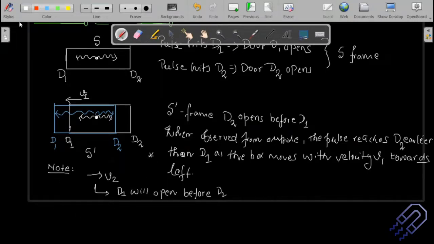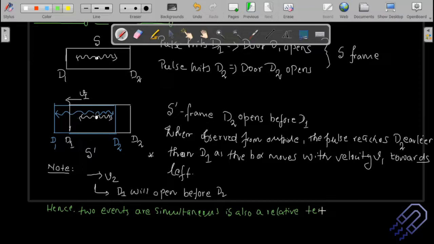What I want to conclude here is that whether two events are simultaneous is also a relative term. It depends from which frame of reference you're observing, and only then can you say whether it is simultaneous or not. How do we understand it mathematically?